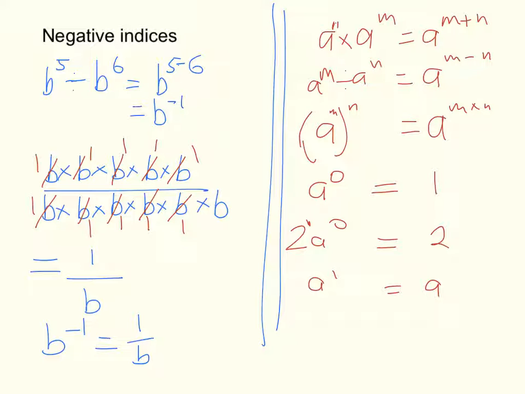Reciprocal, you might have heard that word when you divide fractions. If we divide by a fraction, we multiply by the reciprocal. It simply means we flip that over, or write it as 1 over that. That's all reciprocal means, and this is our next law to add onto this list as well. So if I've got anything to the power of minus 1, it's just 1 over that.